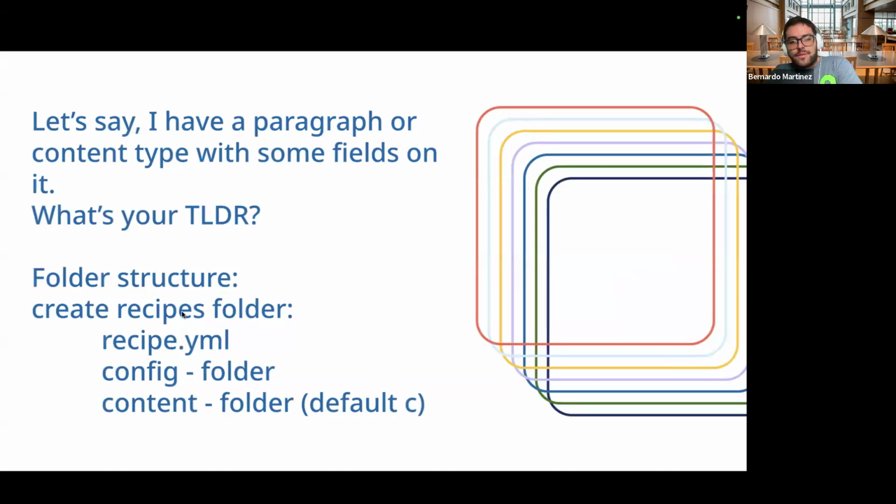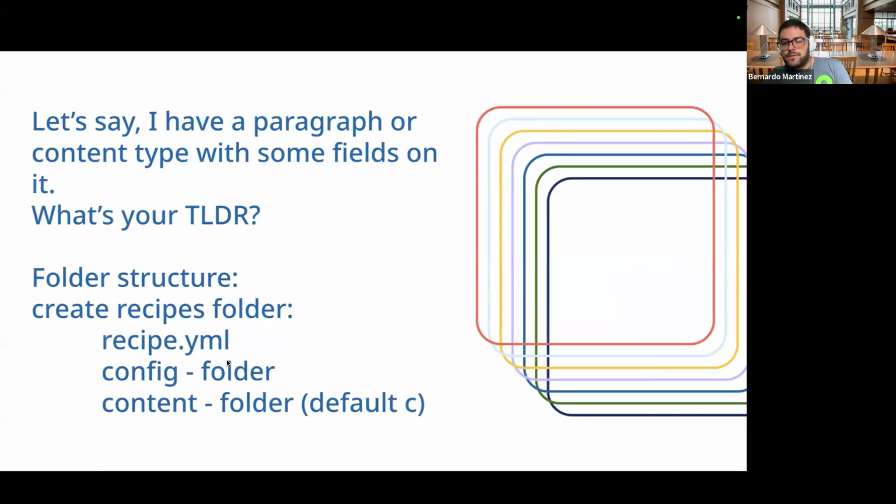To create a recipe, you make a recipe folder, you add a recipe.yaml, and this is where the magic happens. Then you copy the core config that you need. You can copy the config from the config export folder.